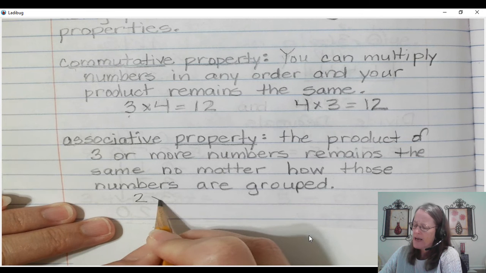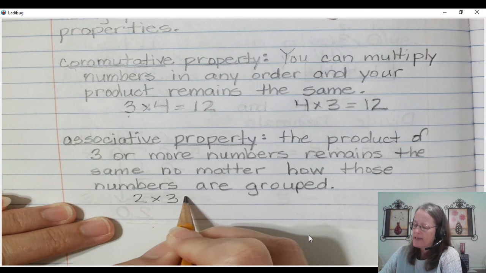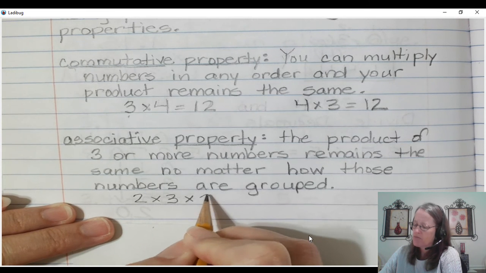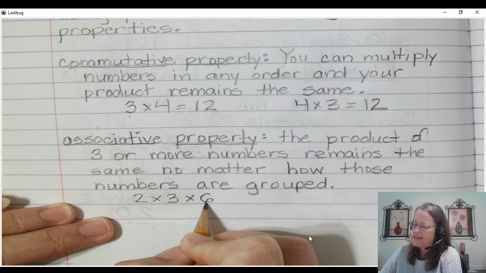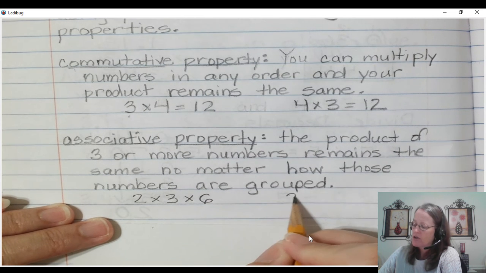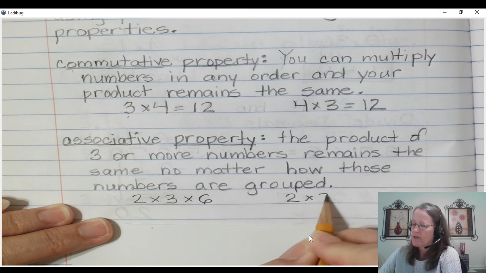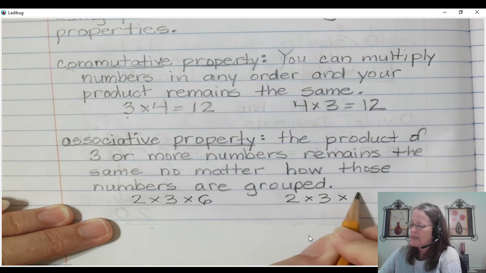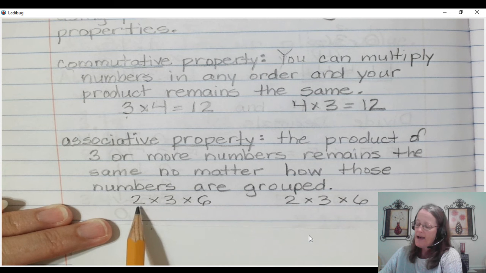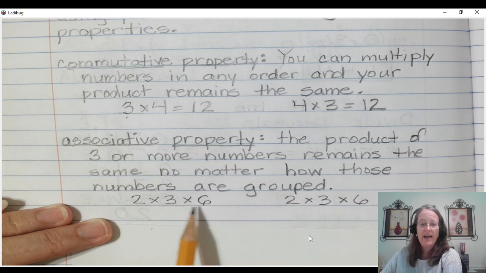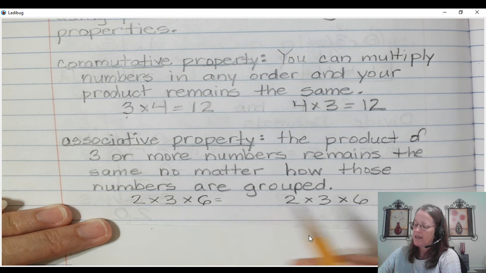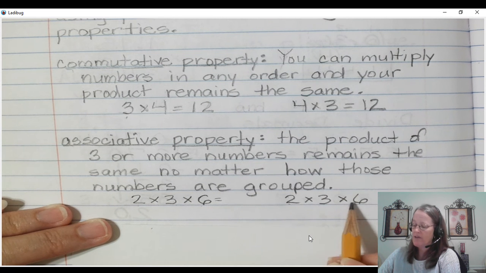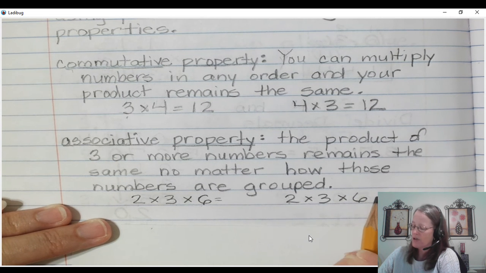2 times 3 times, let's do times 6, and 2 times 3 times 6. I have all of these factors in this equation in the same order as these three factors in this equation.